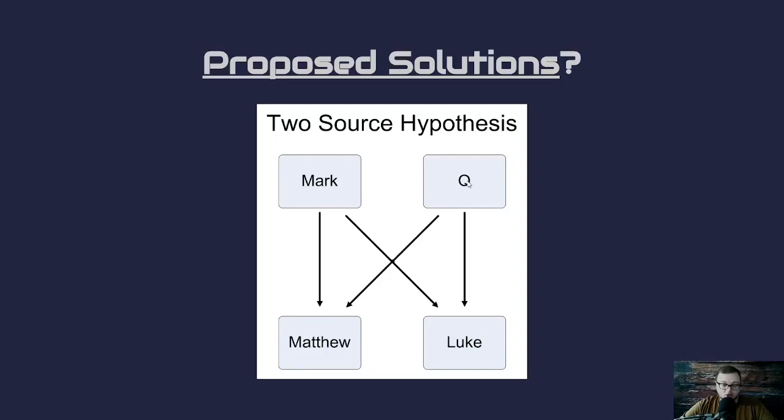So that's the point of Q. Basically, there are stories and parables and narratives that are found in Matthew and Luke that are not found in Mark, and they have very similar qualities as well. They have very similar language. They're told in a pretty similar order. And so it's hypothesized that Q is a second source that was utilized by Matthew and Luke. And that is going to be our first theory and most popular theory held in the scholarship, and that is defended in the book by Craig Evans.